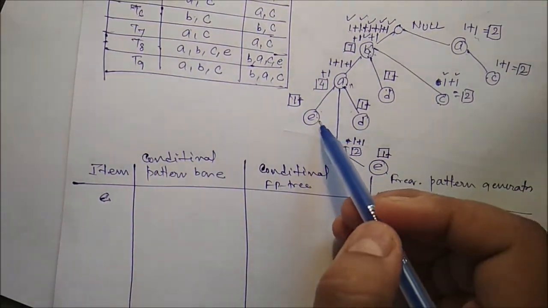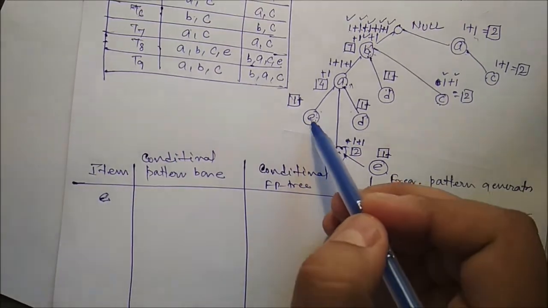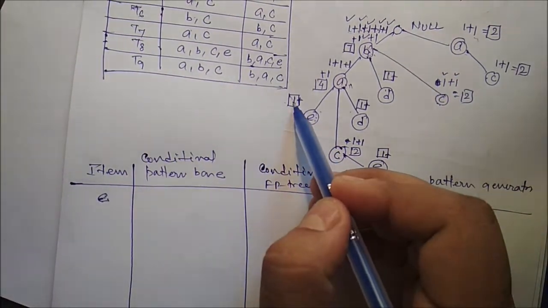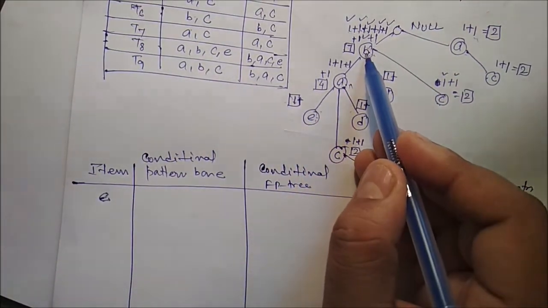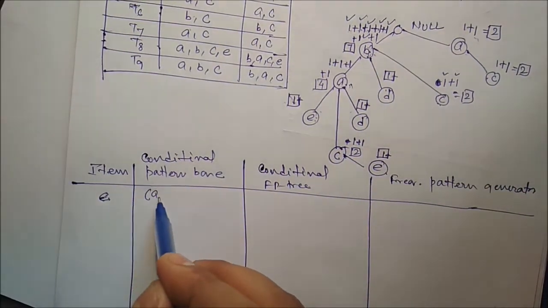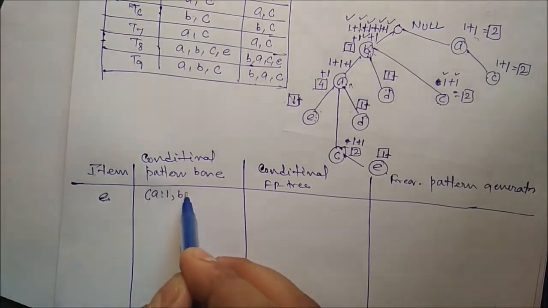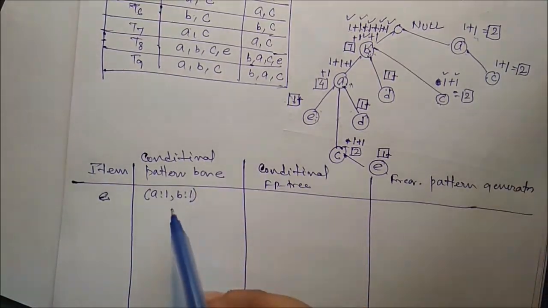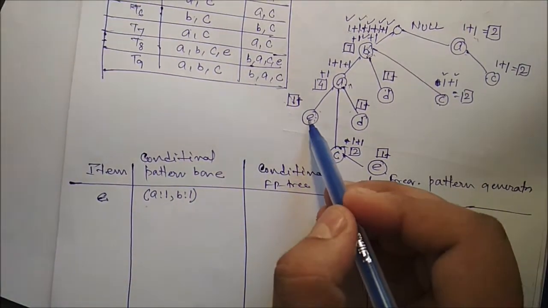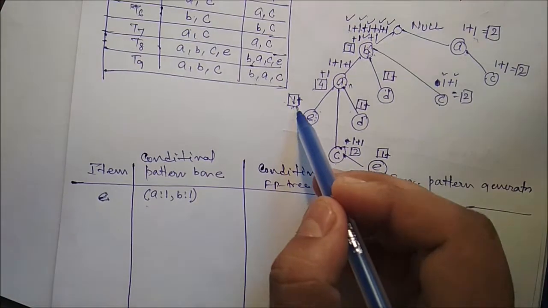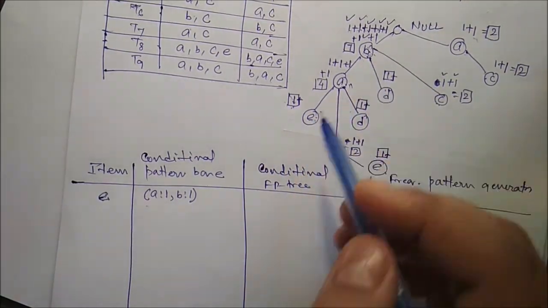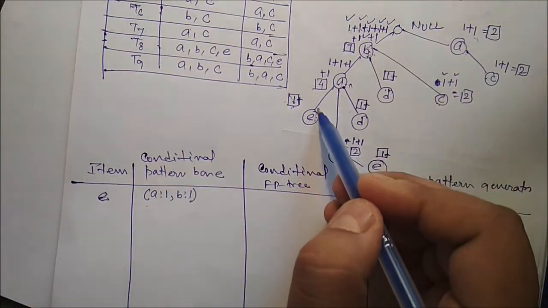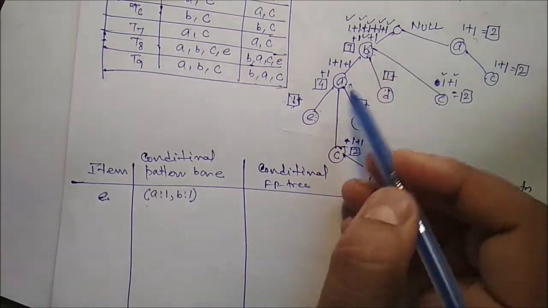If you take E, a single E is there, that means a single A and a single B must be associated with it. So we can write A1 and B1. Are you getting this? Why is it A1, B1? E is single, E1, so there must be one A and one B associated, following this path from here to null, to the root.